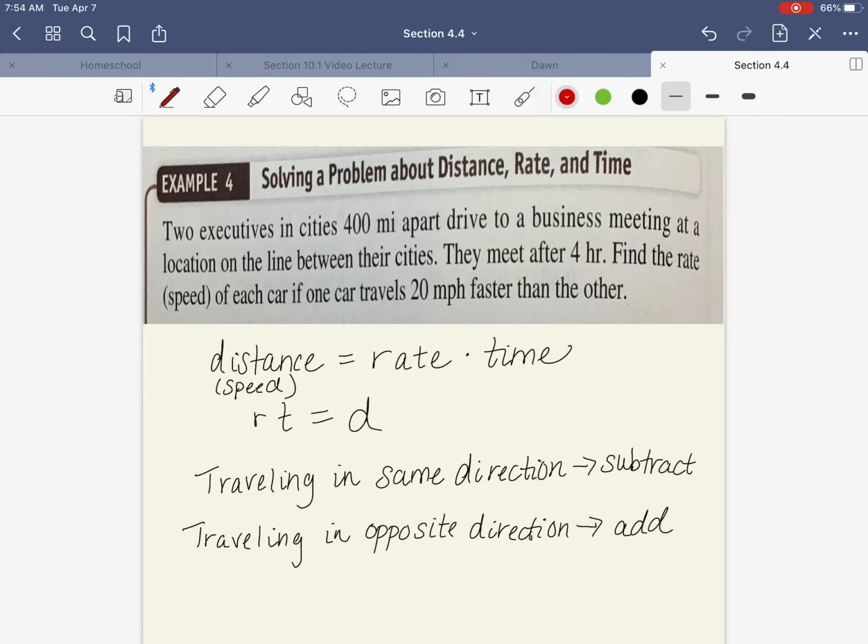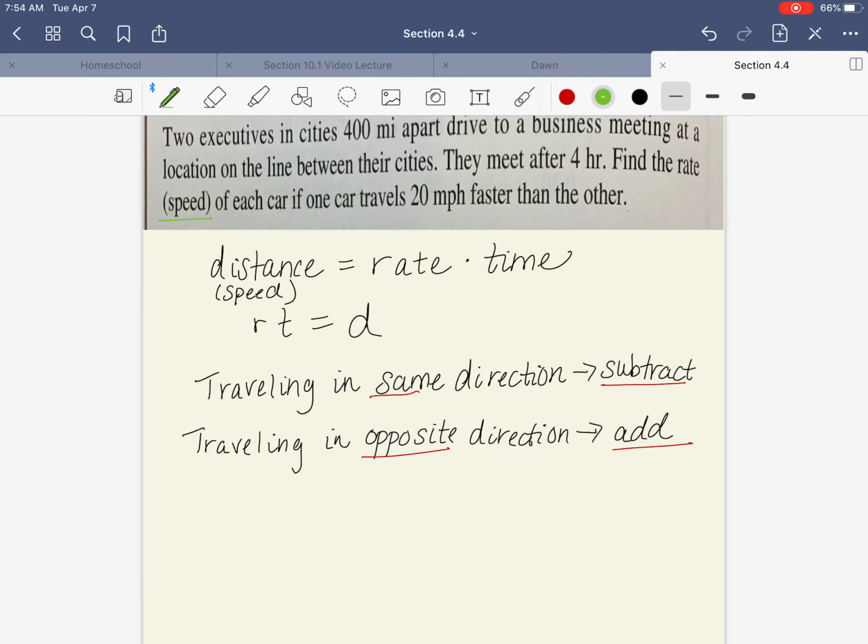All right, so same direction, subtract, opposite direction, add. Anytime you see a problem where you see the words speed, of course, we're using the distance formula. And then anytime they say that they're meeting, pay attention to what direction they're coming or going.